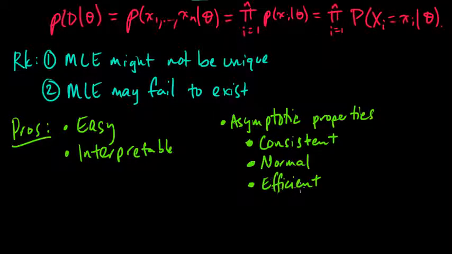So its error, without explaining why having a low variance means low error, basically that means that it has the lowest possible error asymptotically of all estimates of this type.